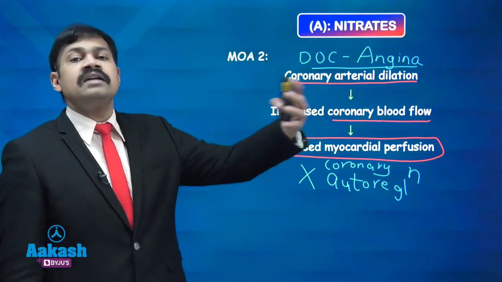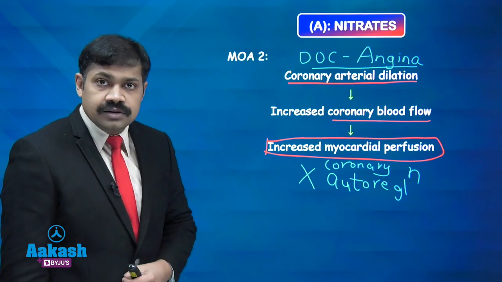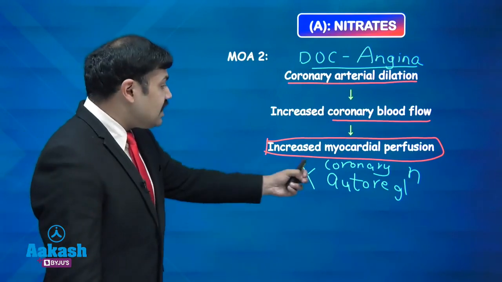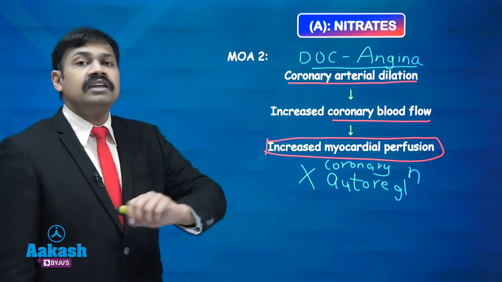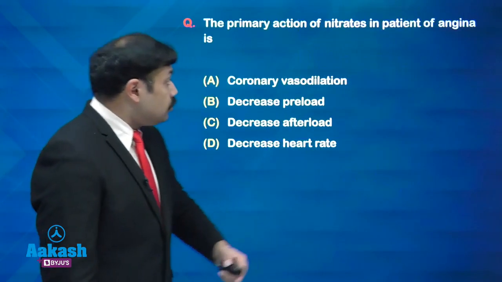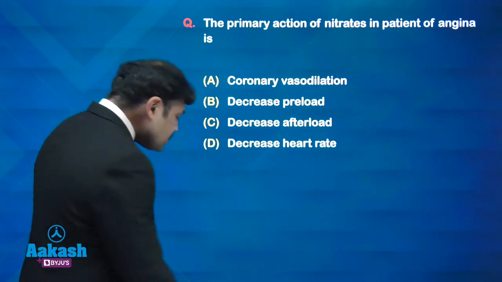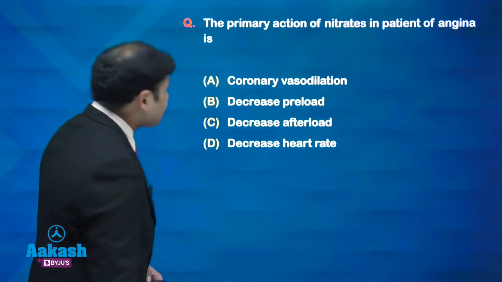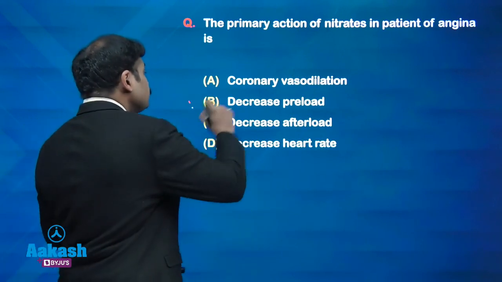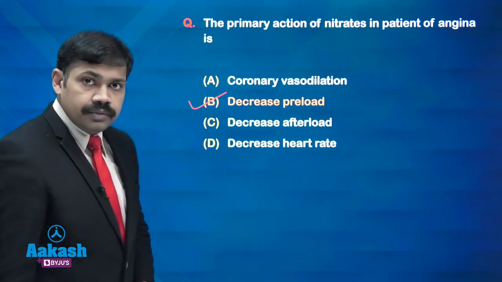We will discuss that later in antiplatelet agents. For the time being, let us make a note of this fact that nitrates do not have any effect on the coronary autoregulation. So this question has been asked, what is the primary mechanism of action of nitrates in angina? Yes, the primary mechanism is decrease the preload.